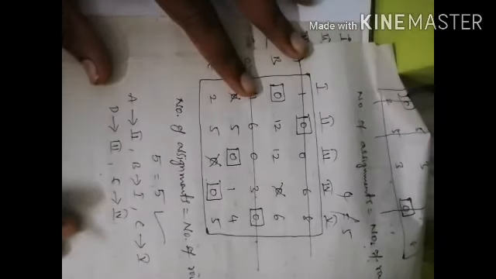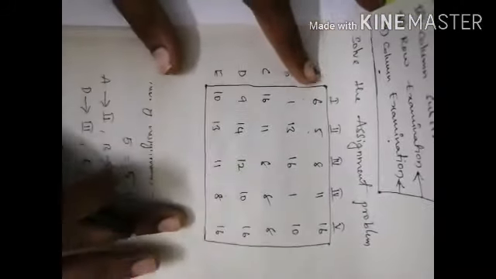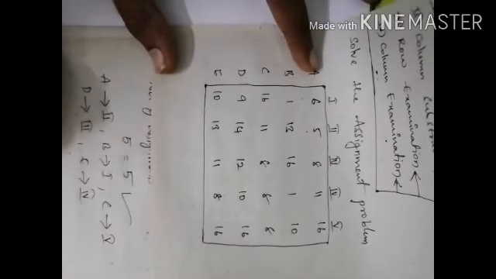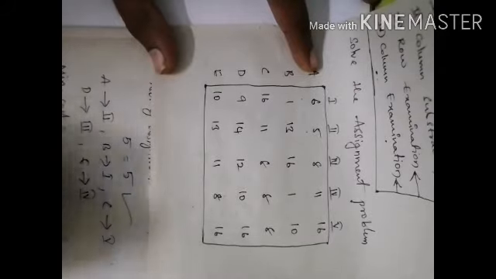So now see the question, and find the total minimum cost.